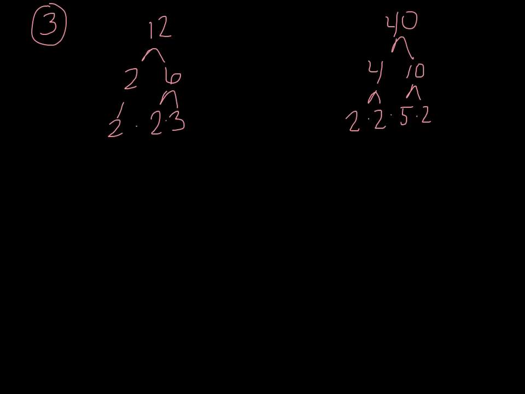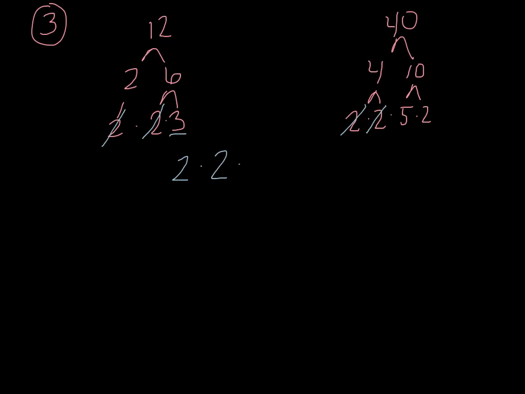So then what I need to do is write down which ones they both have. We kind of did this for greatest common factors. So I have a 2 and a 2, so I'm going to write down 1, 2 times. They both have another 2, so I'm going to write down another 2. Now they have nothing else in common, so this is where it gets a little bit confusing, but hopefully not really. I'm just going to write down the rest of the numbers that are left.